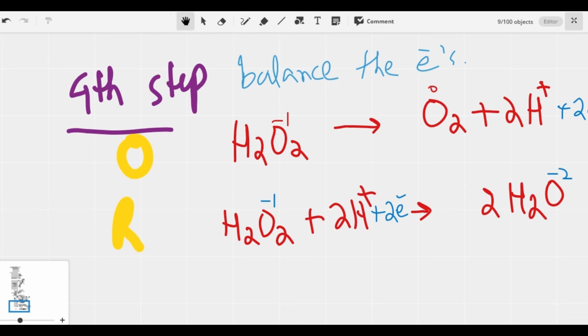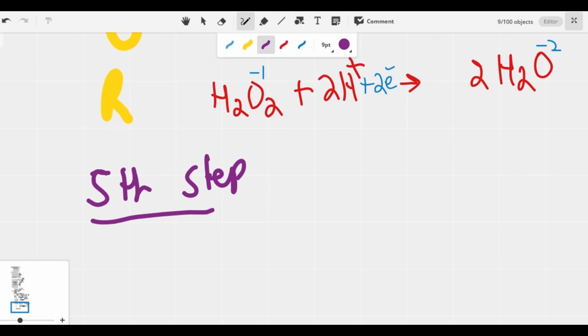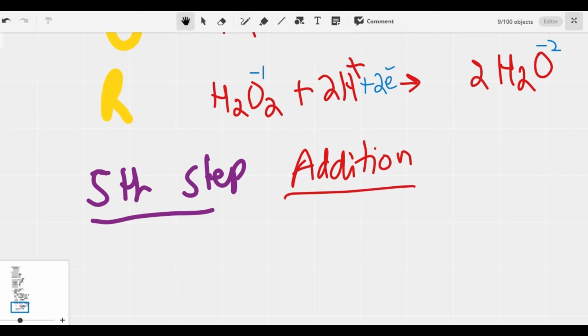Now the fifth step, as we already discussed, you need to add the oxidation and reduction reactions. So the fifth step is the addition.